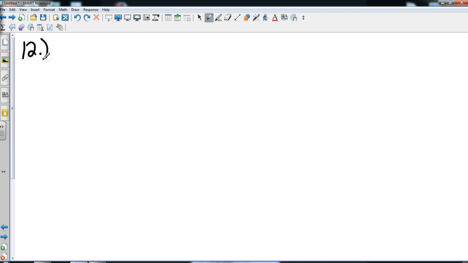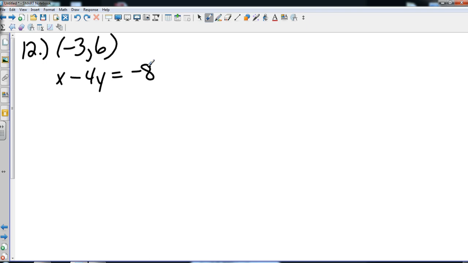Number 12. Now we're looking at perpendiculars. Okay? Two lines are perpendicular. What's true about their slopes? They are negative reciprocals. Okay. So I have negative 3, 6. And I have a line of x minus 4y equals negative 8.